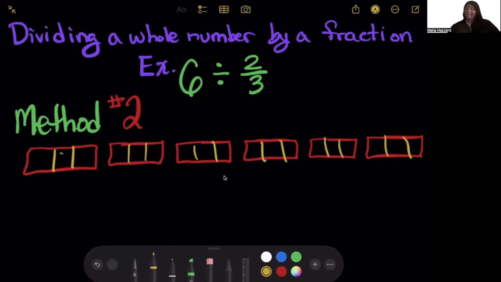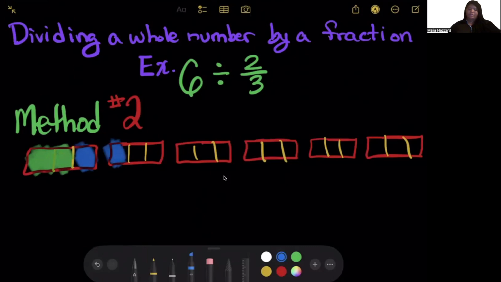Okay. Now I'm going to shade. For every 2 blocks I shade, I'm going to switch colors. So I go 1, 2. That is now a whole. And I'm going to switch colors. 1, 2. That is another whole. And I'm going to switch again.